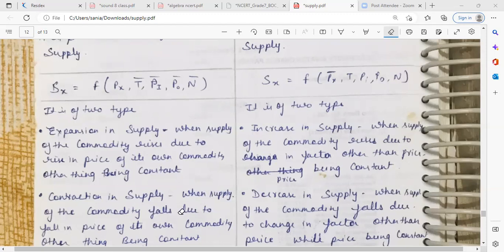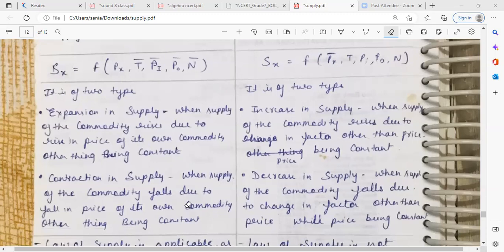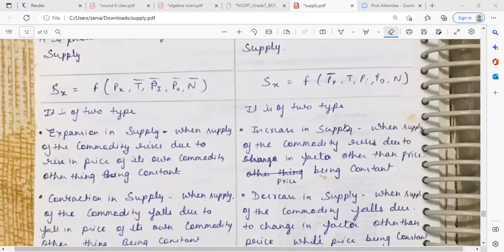And when supply falls due to fall in price of its own commodity, other things being constant, it is known as contraction. But if your supply is increasing or decreasing due to factors other than price, then you will say it is an increase in supply or decrease in supply. If it is due to price, you will not say increase in supply. That is totally wrong. You have to say it is expanding or contracting. Clear?